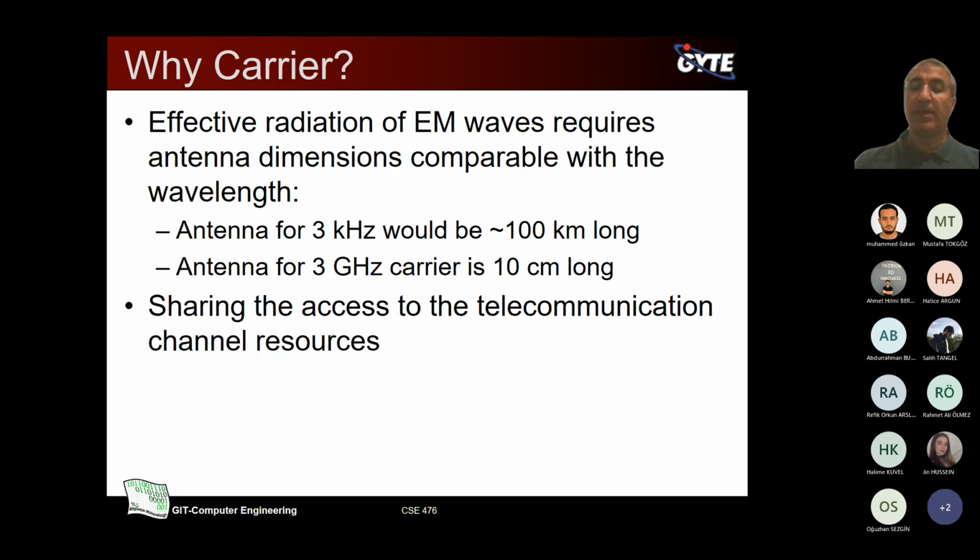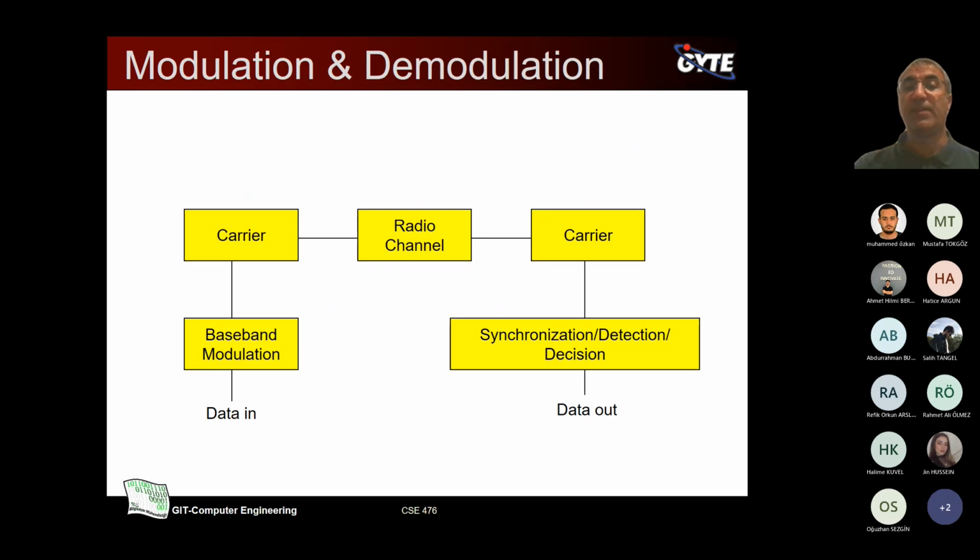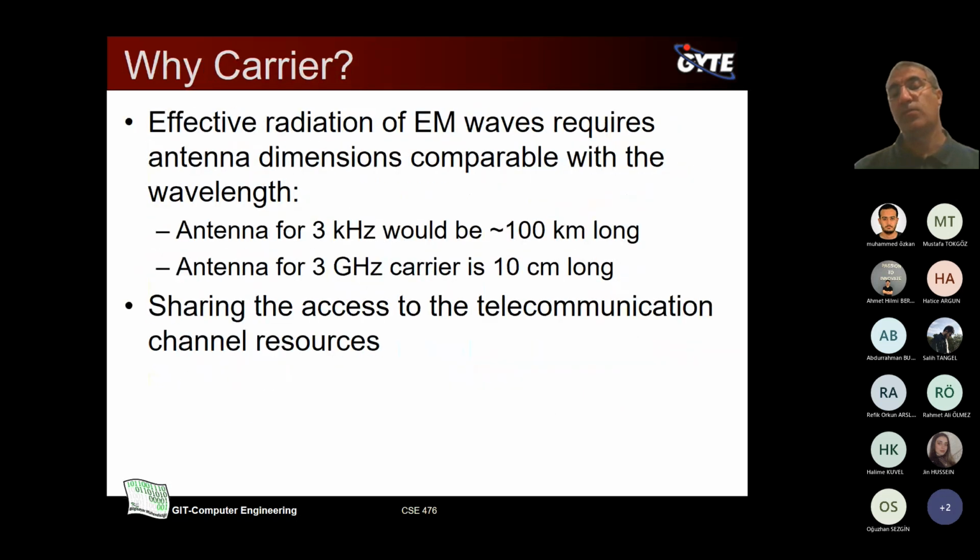As you see from this block diagram, we have a carrier modulation. Why do we need carrier modulation? There are many reasons. One of the main reasons why we use carrier modulation at the physical layer is that the antenna dimension is very important. The wavelength of the electromagnetic waves that we transmit over the antenna is related to the form factor size of your mobile device.